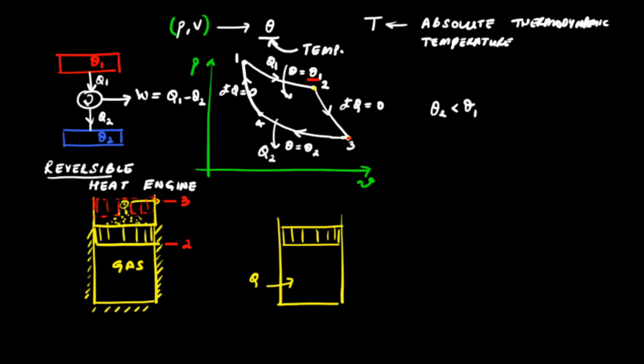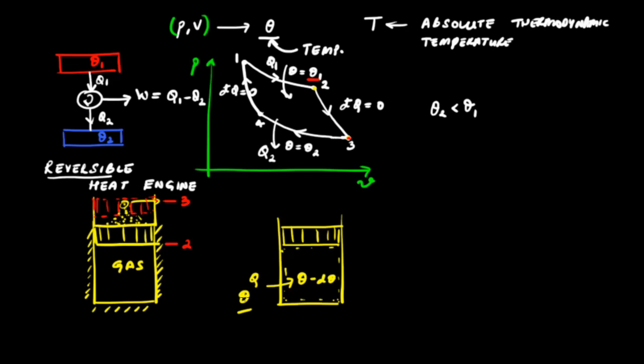So by reversible heat transfer, we mean that the temperature of the thermal reservoir from which heat is being extracted, let's say is theta, then if you have an infinitesimally small temperature difference between the system and the thermal reservoir, then heat is said to be transferred reversibly, because you can change the temperature of the system infinitesimally and you can reverse the direction of the heat transfer.